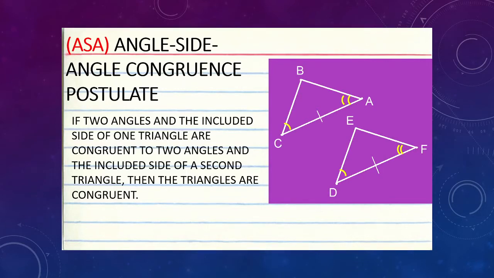This angle is congruent to this angle here. This angle is congruent to this angle over here. And the side is now included, in between the two angles. So this time it's angle, side, angle.